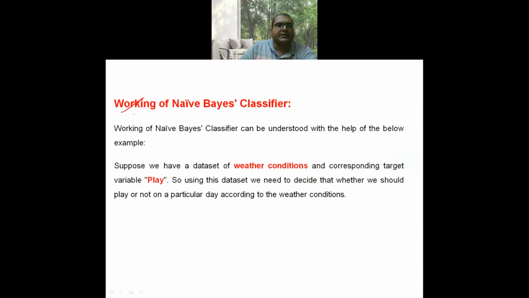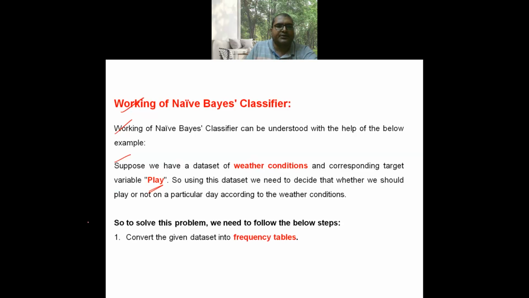Working of Naive classifier. Working of Naive classifier can be understood with the help of the below example. Suppose we have a data set of weather conditions and the corresponding target variable is play. So using the data set, we need to decide whether we would play or not on a particular day according to the weather condition. To solve the problem, we need to follow the below steps.